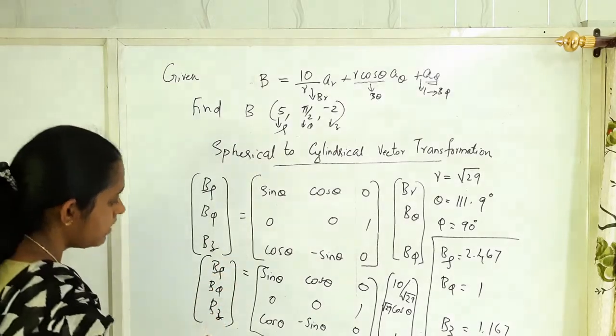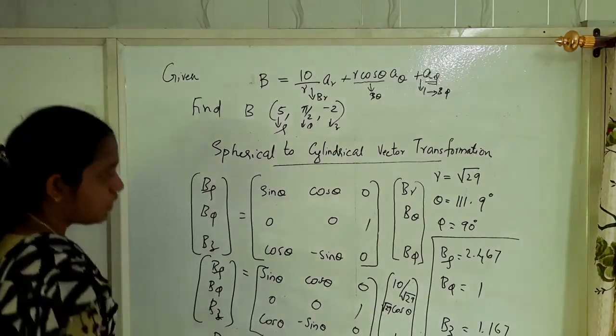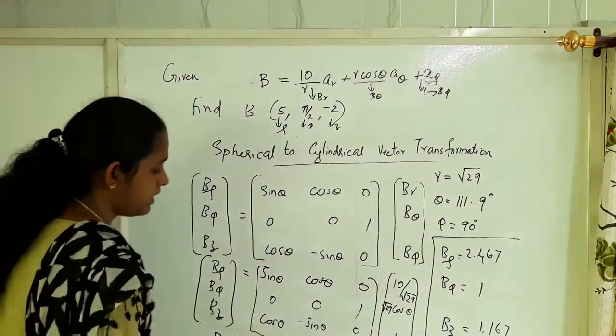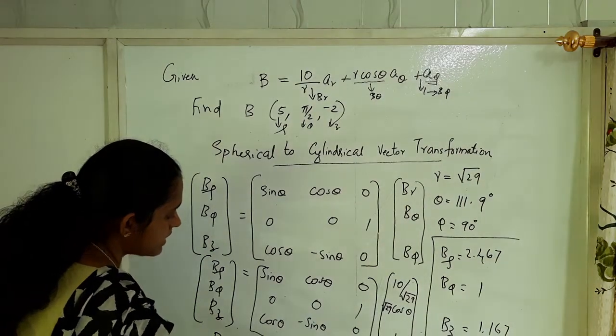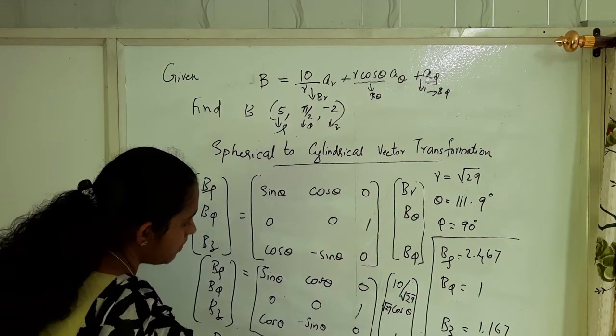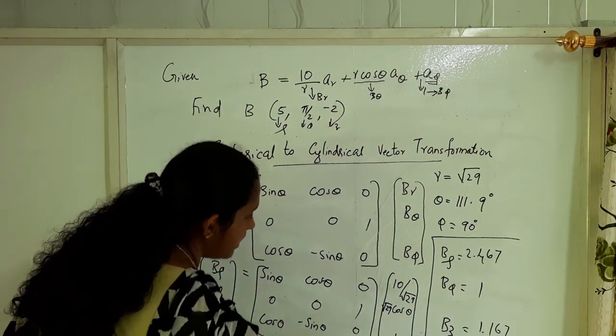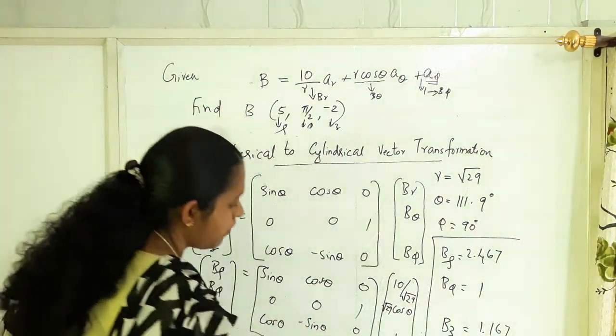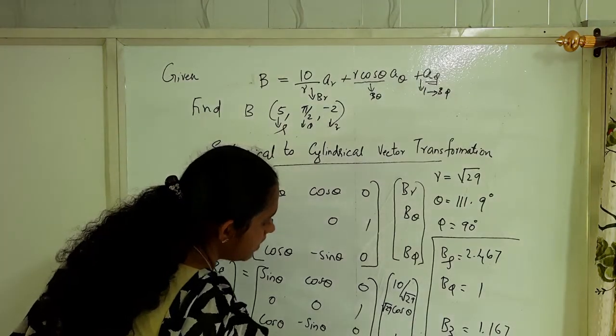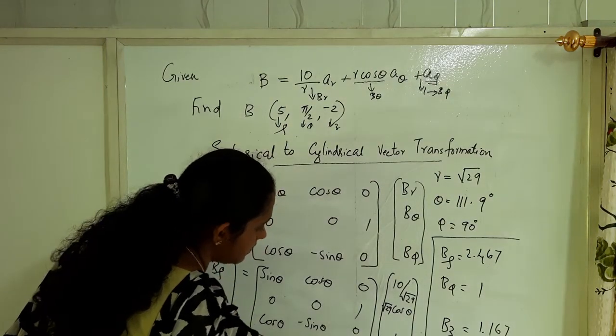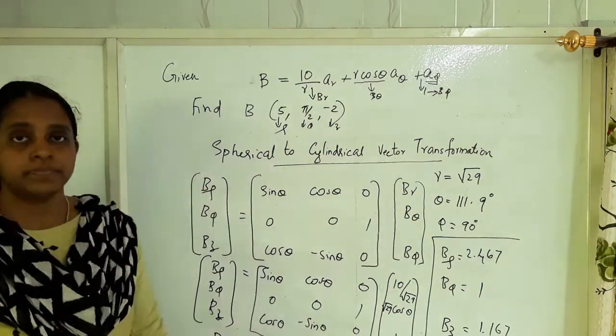So the cylindrical vector b will be 2.467 a rho plus 1 a phi plus 1.167 a z. So the final answer will be this one.